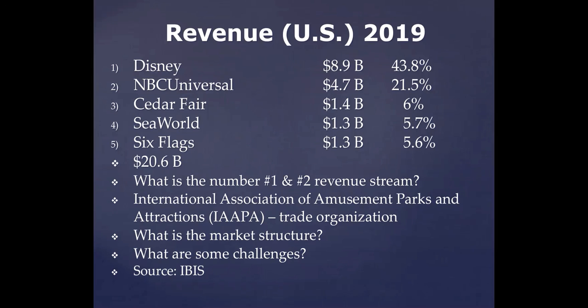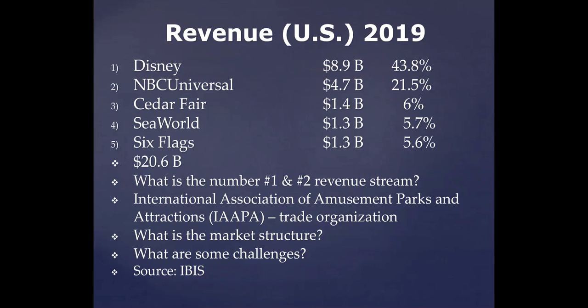Because if you look at the top 6 companies, or top 5 or 4, I should say in this case, it's over 70% of the market share. So that's pretty immense. So again, the production part of the theme park industry is an oligopsony, and the distribution part is an oligopoly.